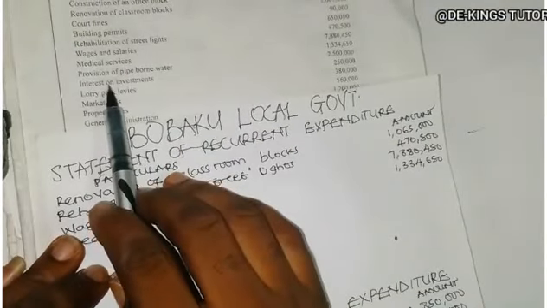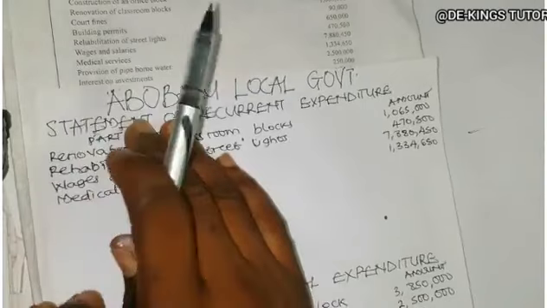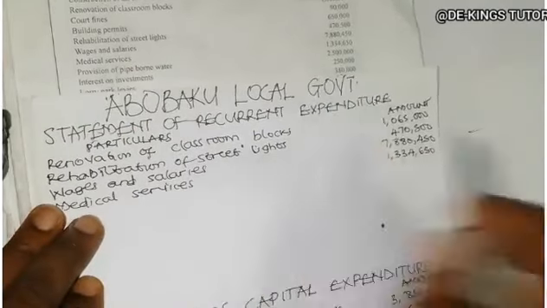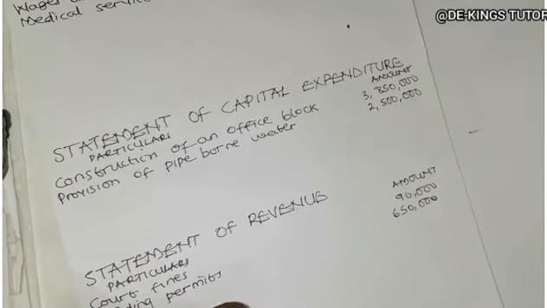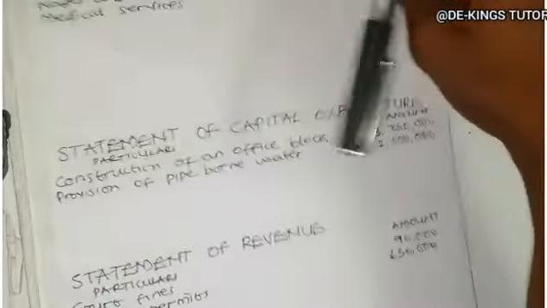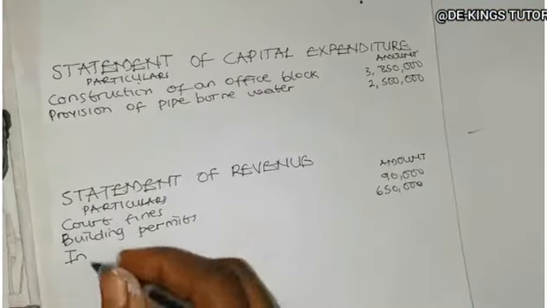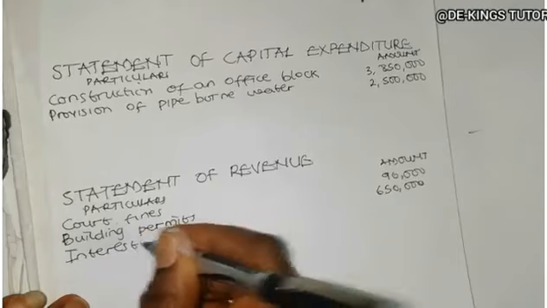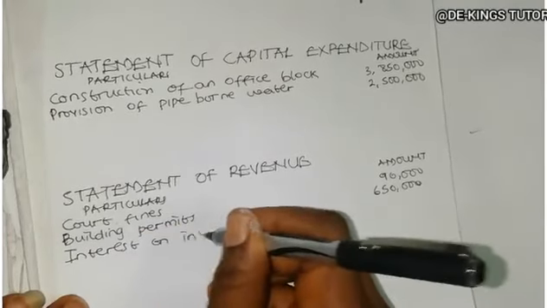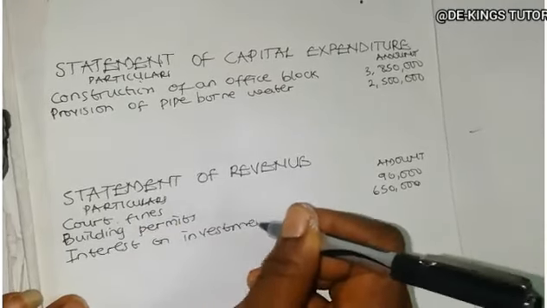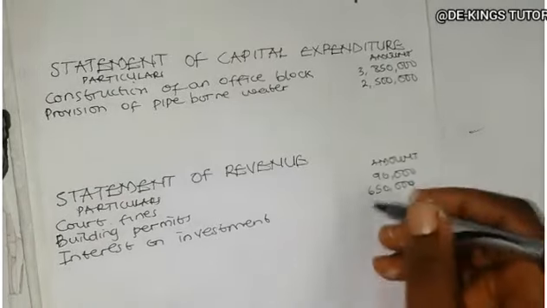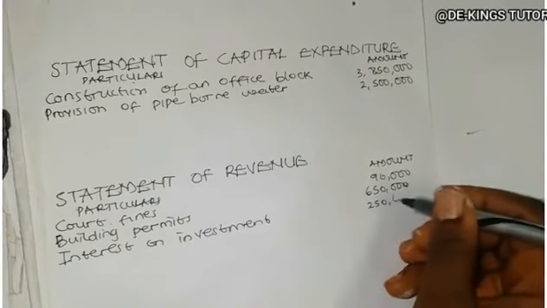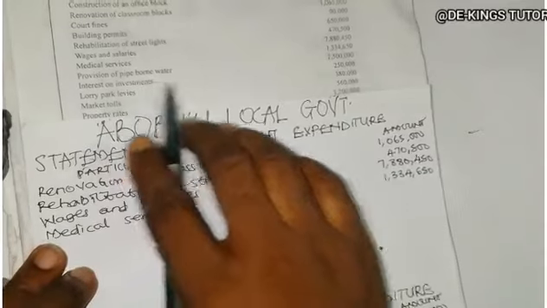Okay, the next one is interest on investment. They have an investment, so the interest they get from that is an income for the local government. So it is a revenue, which will come under the statement of revenue as interest on investment, 250,000.